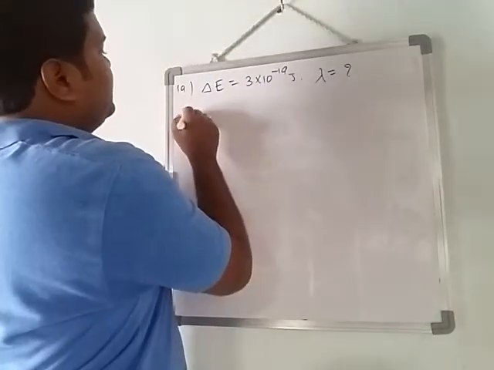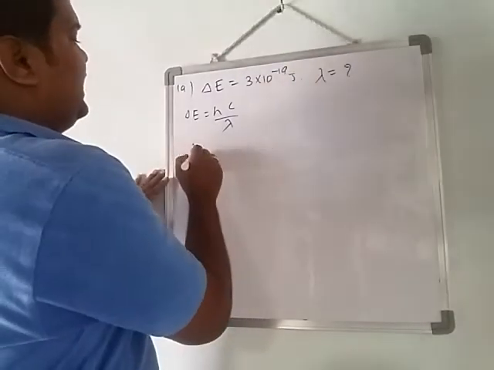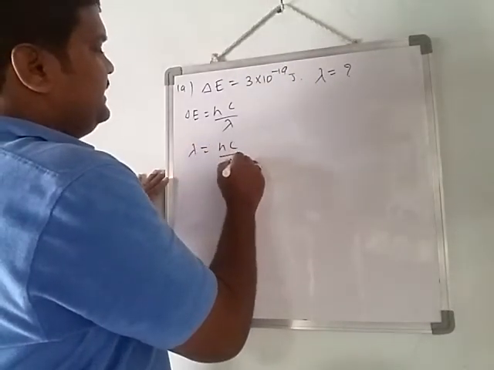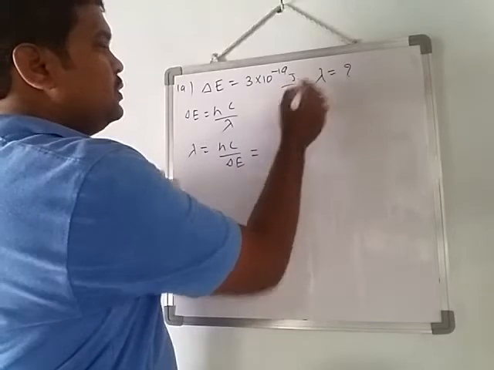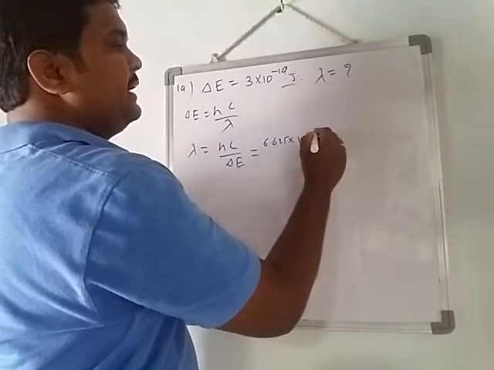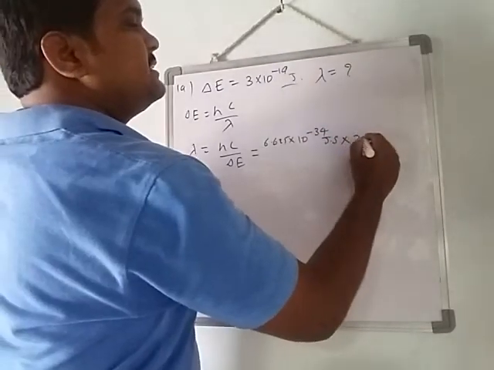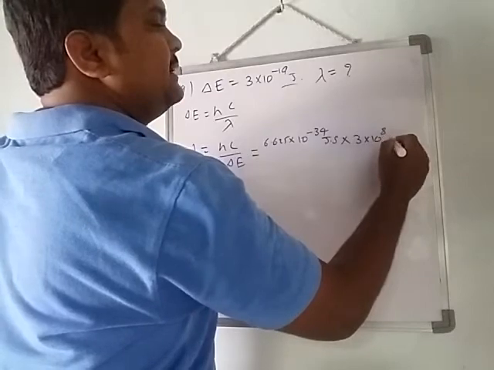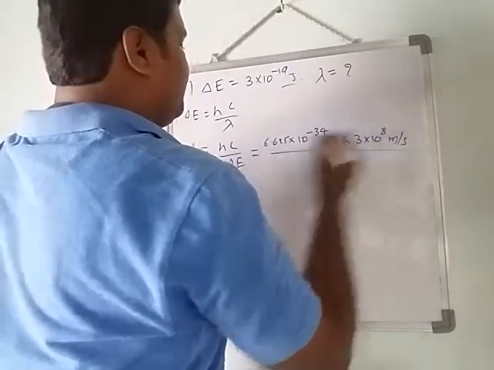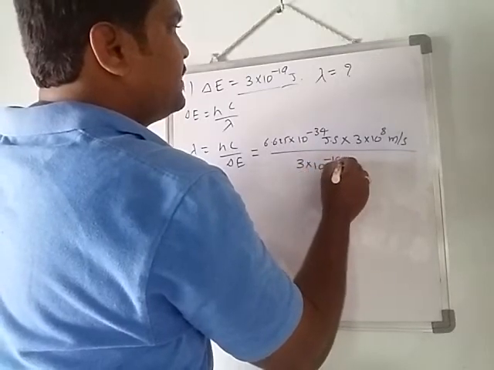So, delta E is equal to hc by lambda. So, lambda is equal to hc by delta E. The h value is 6.625 into 10 to the power of minus 34 joule second, into the velocity, that is 3 into 10 to the power of 8 meter per second, by the change in the energy, 3 into 10 to the power of minus 19.